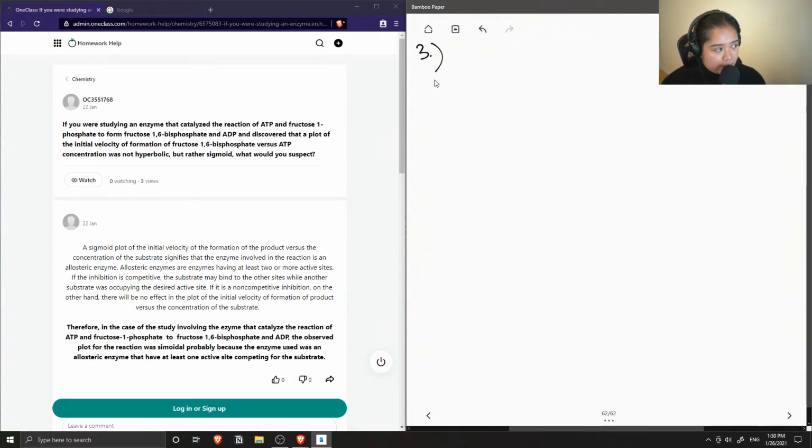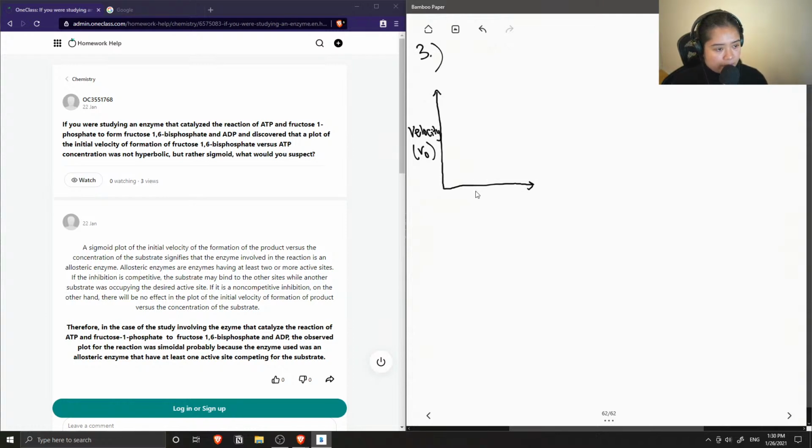Okay, so let's try to graph out what this plot might look like. We are plotting the initial velocity, which is V0, of the formation of fructose 1,6-bisphosphate versus ATP concentration.